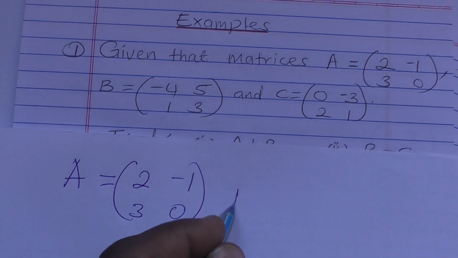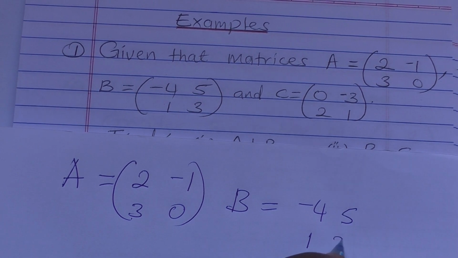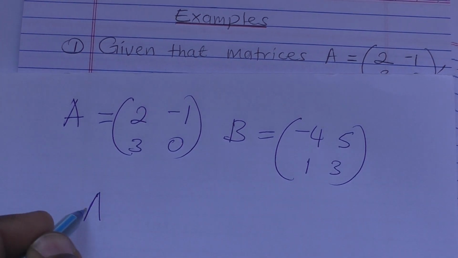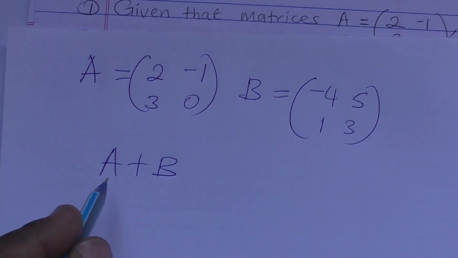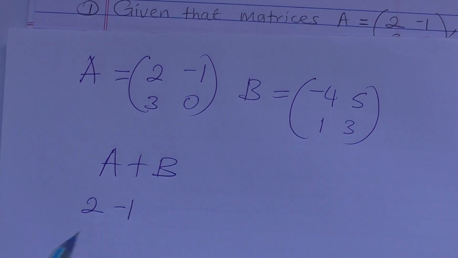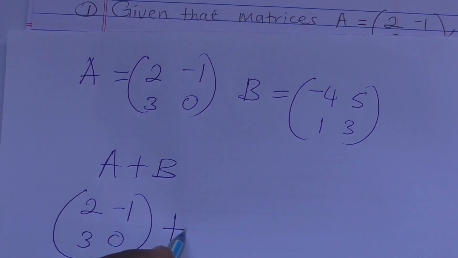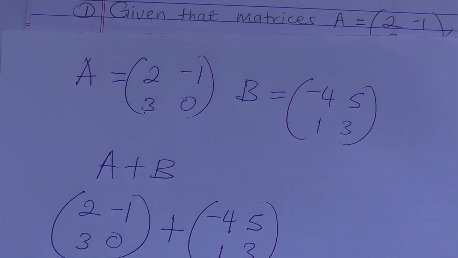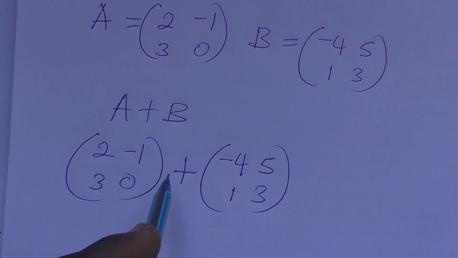We have matrix B, which is -4, 5, 1, 3. And now we want to add A plus B. So we are adding 2, -1, 3, 0, that is for A, plus -4, 5, 1, 3, that is for B. And now we are saying that we add corresponding components.